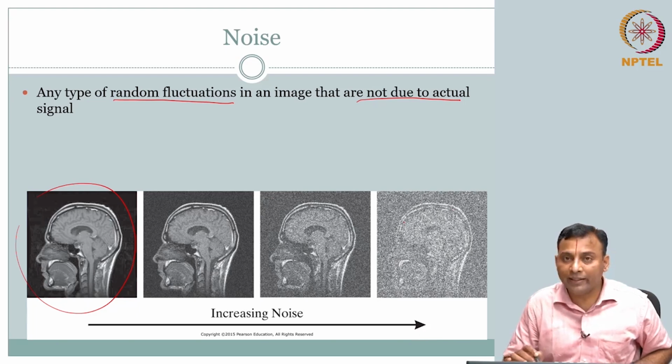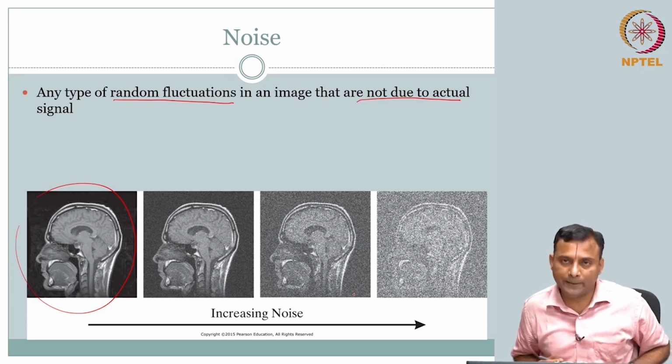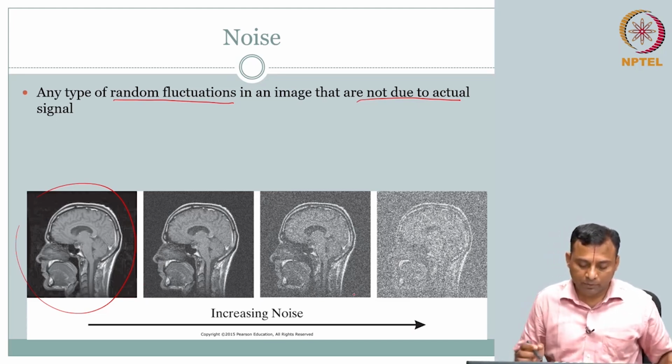I may not be able to say anything here, leave alone resolving two lines. We may not be able to say even the big picture, the medulla or the nose or the mouth. So both contrast and resolution are affected, and the noise therefore affects the overall image quality. Okay, so this is an example of increasing noise.